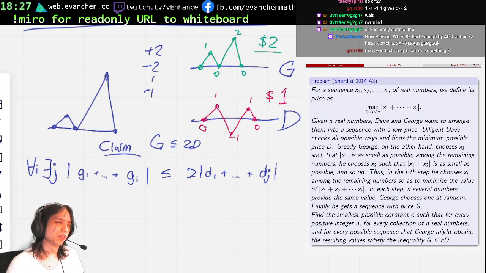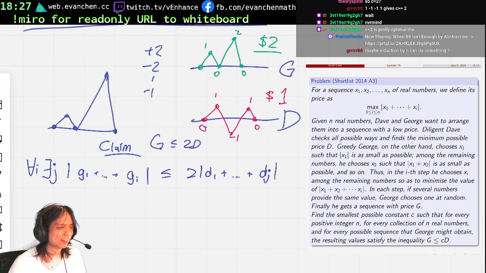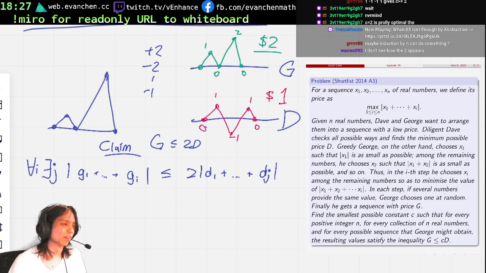Because I feel like the n equals 4 case and n equals 3 case have this history thing. I guess what you could do is look at the last number used by George, maybe? I don't see how the 2 appears. I mean, we haven't tried anything yet. Just saying I want to use induction does not qualify as doing anything.